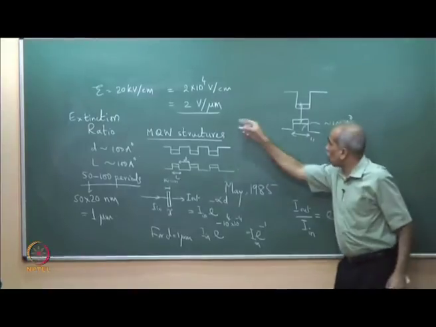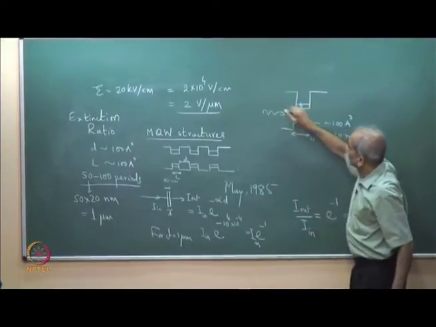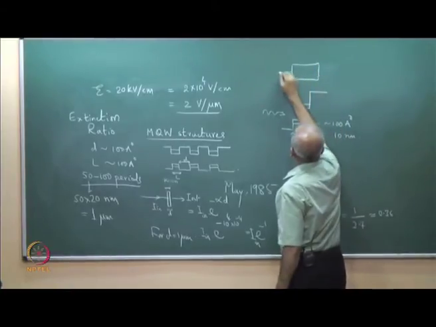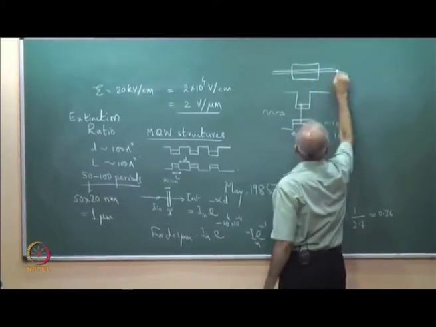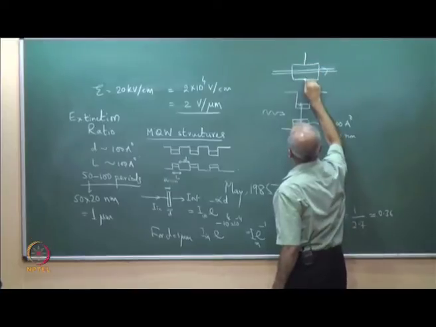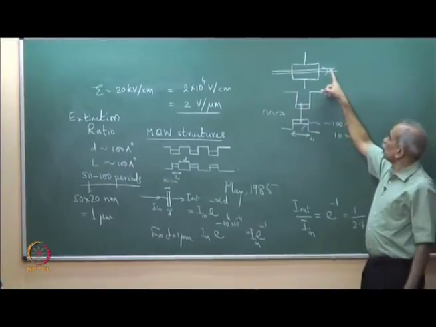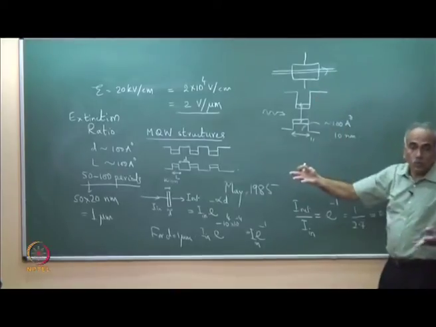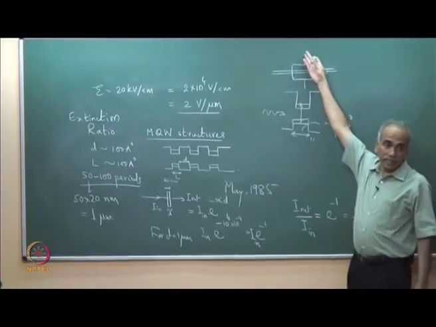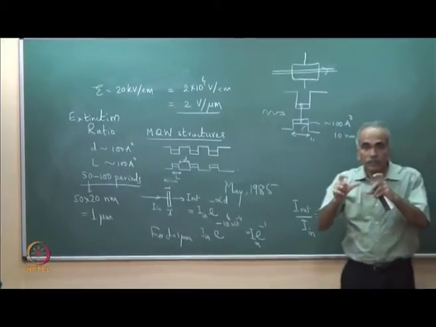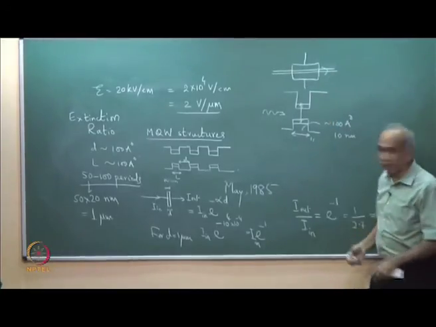The input photon which is coming here, you recall in the principle that we discussed in the last class, the light beam is passing through this and an electric field is applied to the structure, and the output will be full or no output depending on whether you have applied the electric field or not. This is the principle. But now we want to see with real numbers what the real device is.